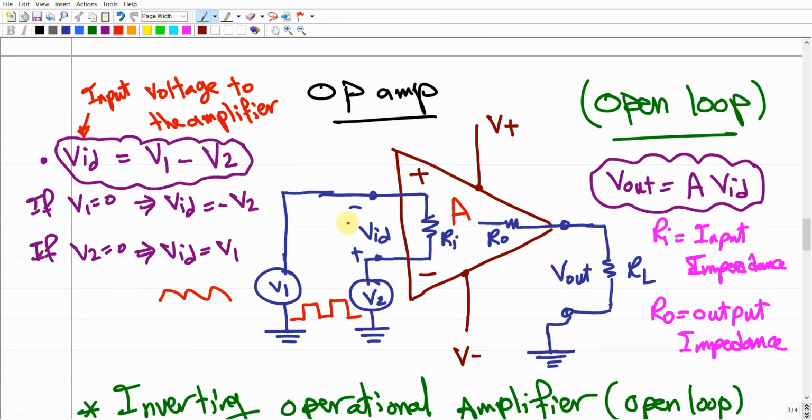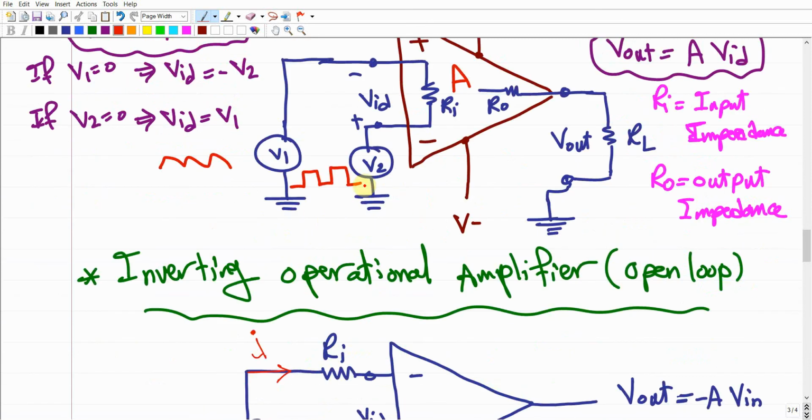Most practical uses of the operational amplifier are different. If you remember in chapter 5, we said that in the electrical circuit, the current or the voltage will have the same form, the same shape, even the same frequency, which is omega. We said that omega should be the same within the electrical circuit, right?